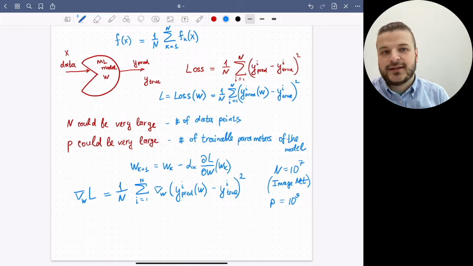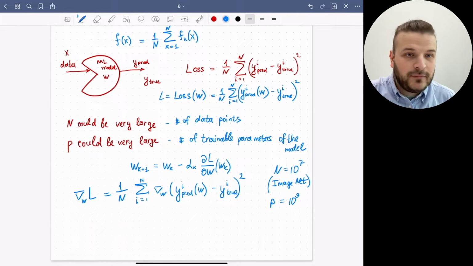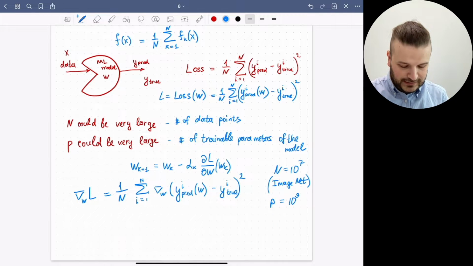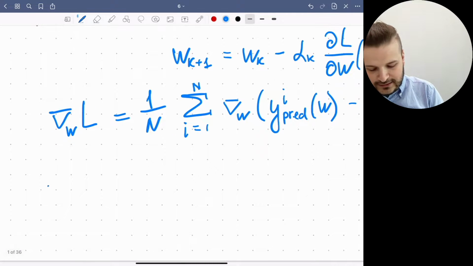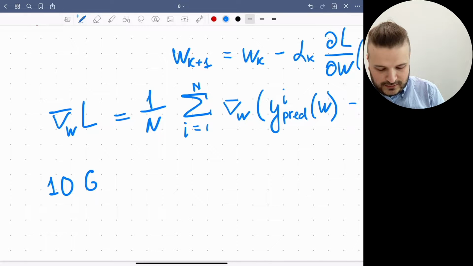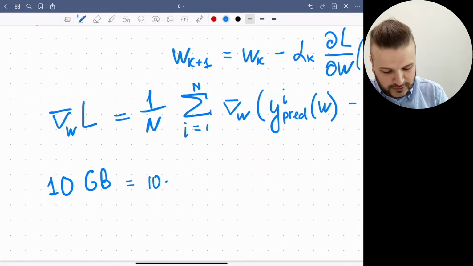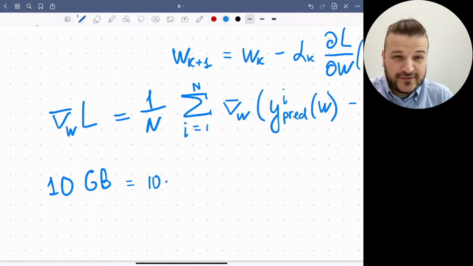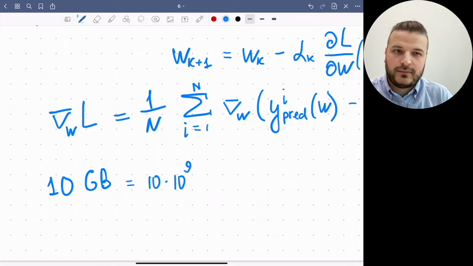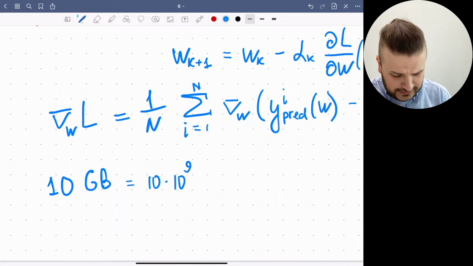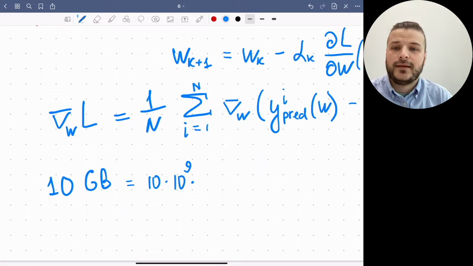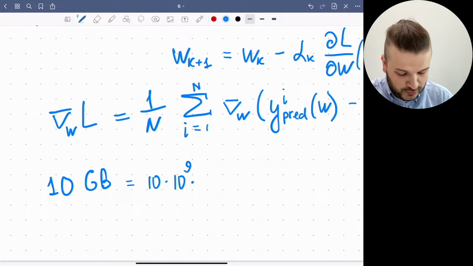We can even calculate a reasonable number of parameters for some ordinary GPU with, let's say, 10 gigs of video memory, so it's gigabytes, and it means that it will be 10 to the power of 9, since giga stands for 10 to the power of 9, right? Kilo, mega, giga, right?